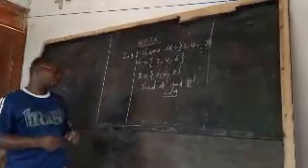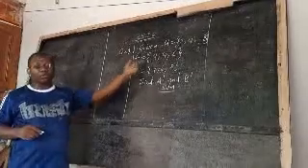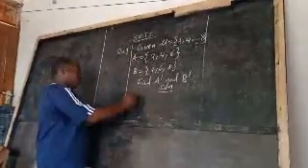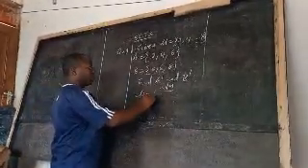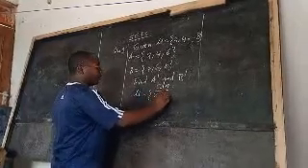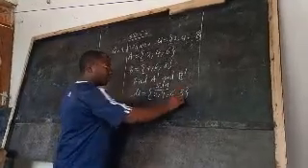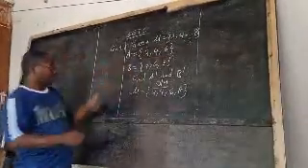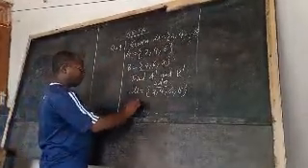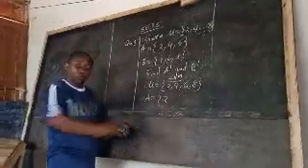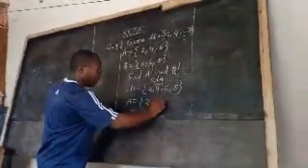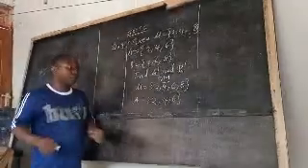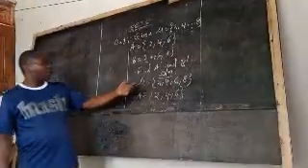First of all, we summarize the data as given in our question: the universal set contains elements 2, 4, 6, and 8, then set A, which is 2, 4, and 6. So first we find A complement.